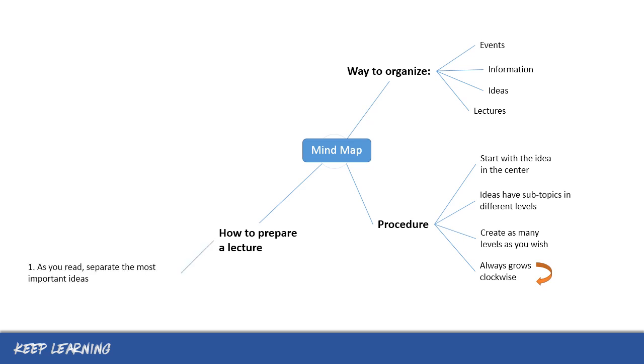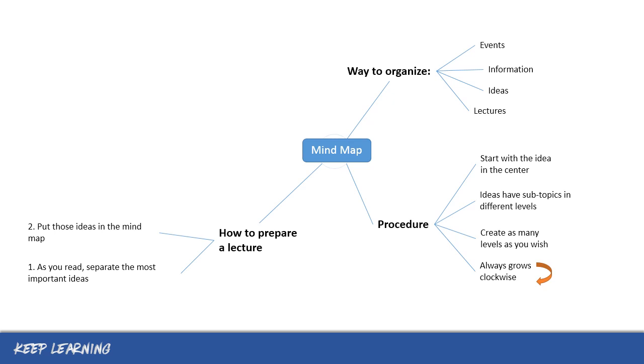Number 1, you have to read a text or sometimes watch a video. And in that text or video, you're going to separate the most important ideas. You're going to make a list of the most important ideas, or you can highlight them. Then you place those ideas in the mind map, right?